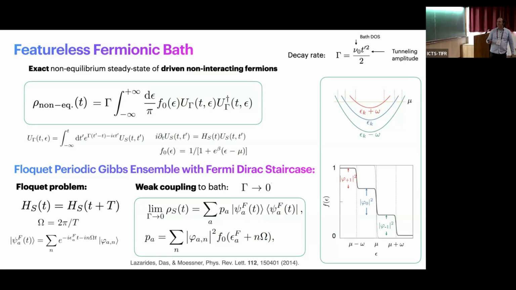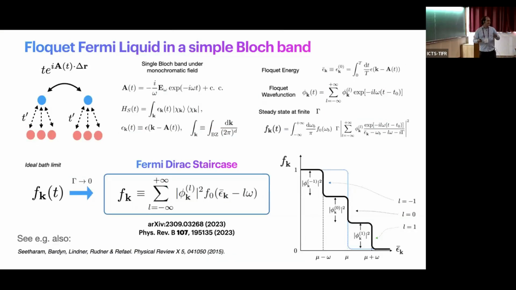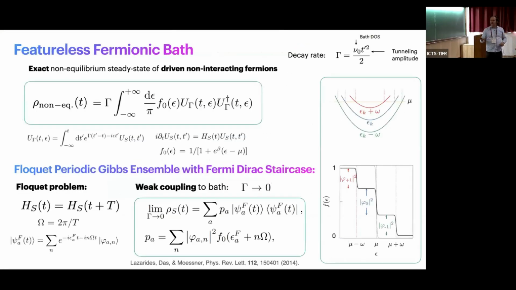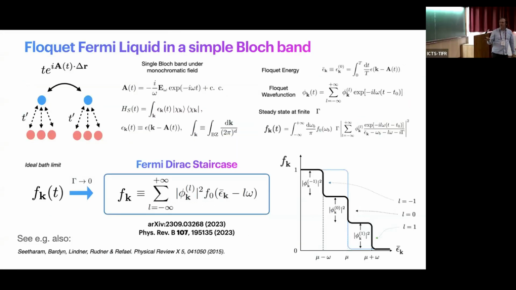So, what does A stand for? A is just a label for different Floquet states. Here, I'm still not even talking about bands, just some label for the eigenstates. Yeah, so we can use this general formula for a Floquet Bloch band.